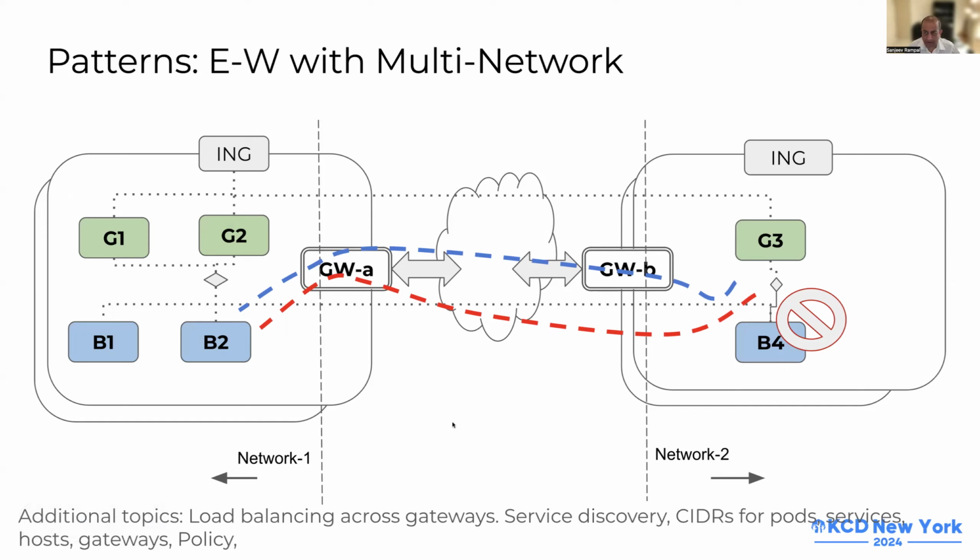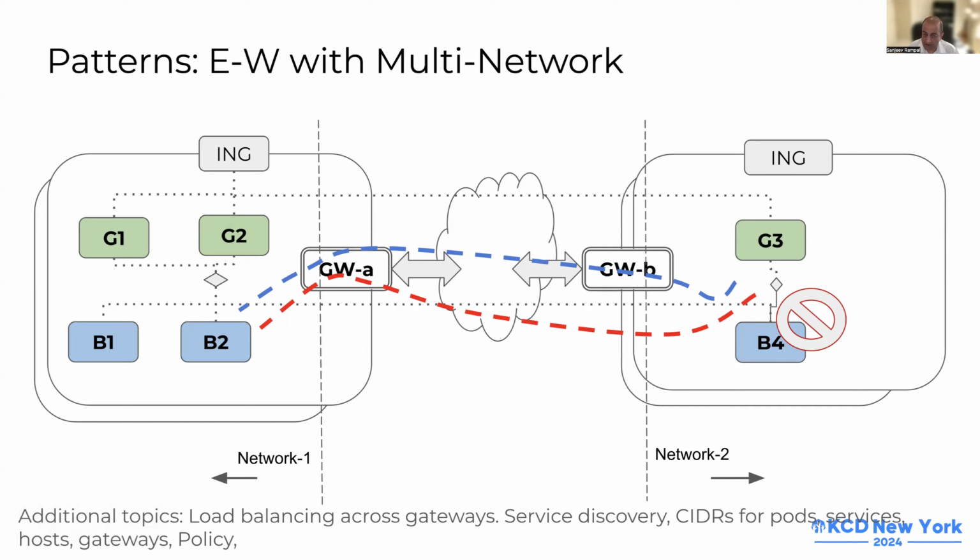And this is often needed for cases when you're using the same RFC 1918 private address space for Kubernetes pod IPs across your enterprise, right? Because that's a typical pattern, right?